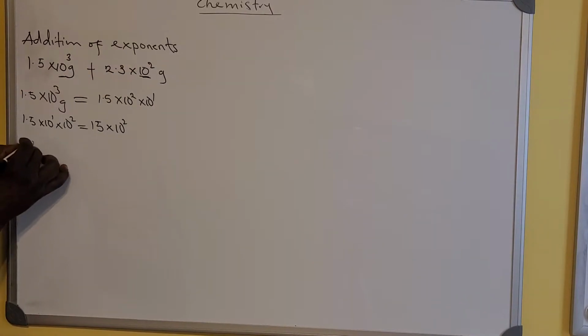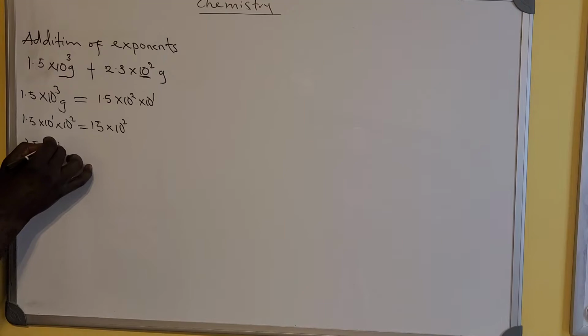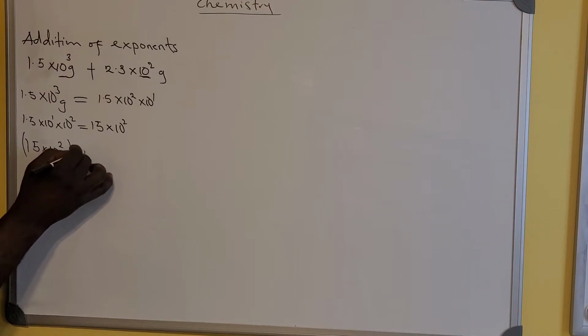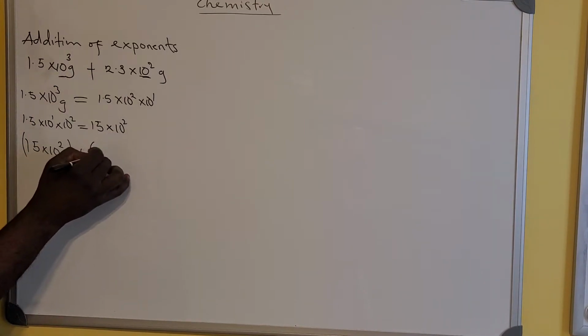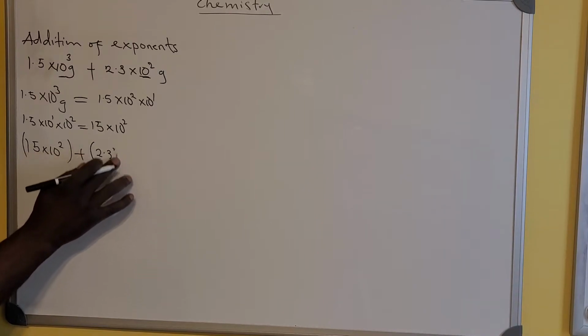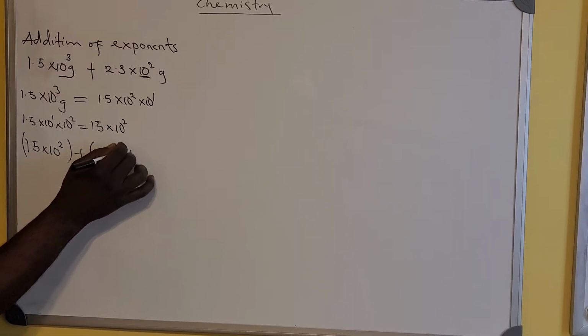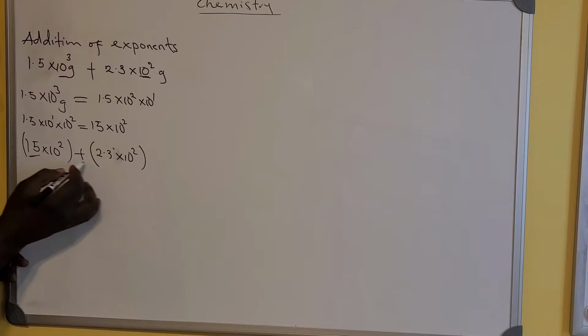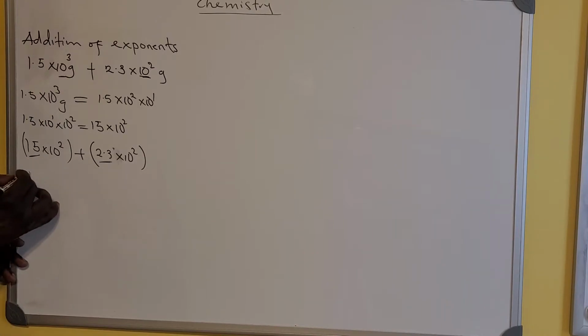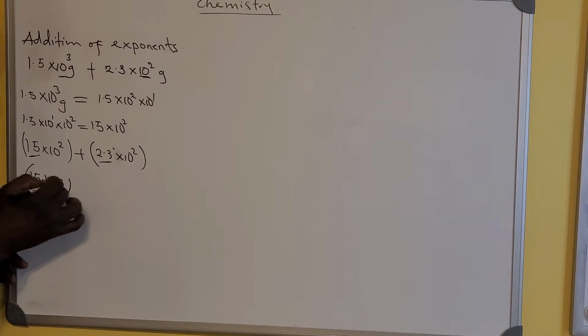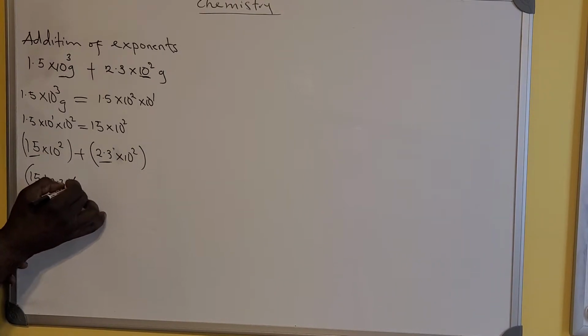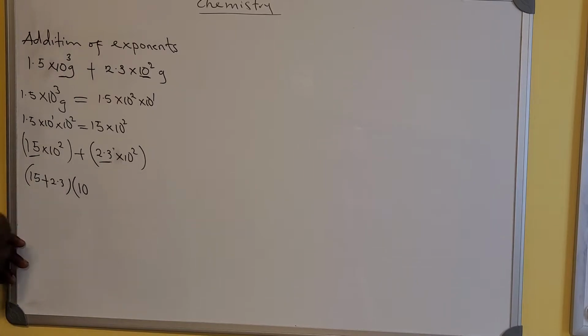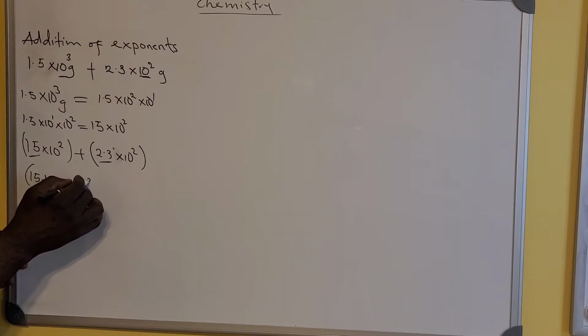So now I can add the numbers together. I have 15 times 10 raised to the power 2, in brackets, plus 2.3 times 10 raised to the power 2. When I have this, it's quite easy now. What I have to do is add these two together, so that is 15 plus 2.3, and then just take one of the 10 raised to the power 2.